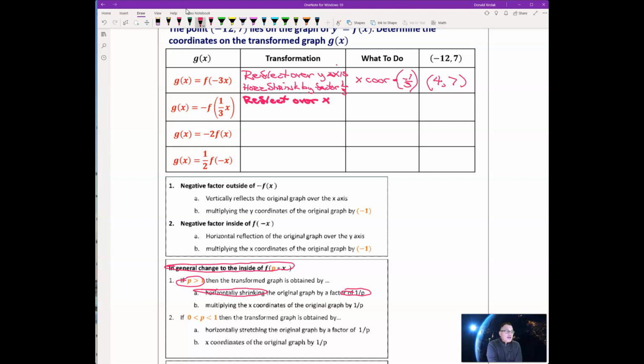And then this 1/3, that's less than 1, greater than 0. It's inside the parentheses, so that's going to be a horizontal stretch by a factor of 1 over 1/3, which is 3. So this is going to be a horizontal stretch by a factor of 3.